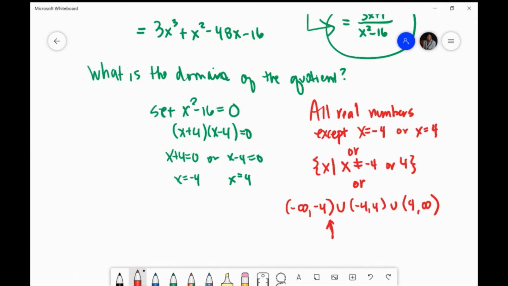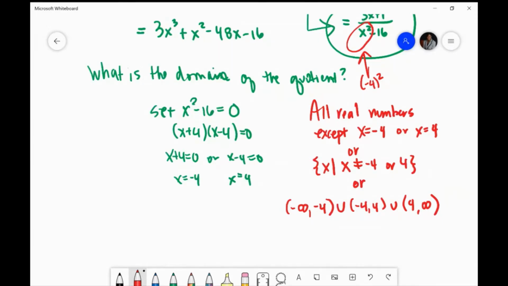If we plug in negative 4 into this x right here, negative 4 squared is 16 minus 16, which makes the denominator 0. We don't want it to be negative 4, so it's not included. So that's why we put a parenthesis and not a bracket. Very impressive with that interval notation you just did.